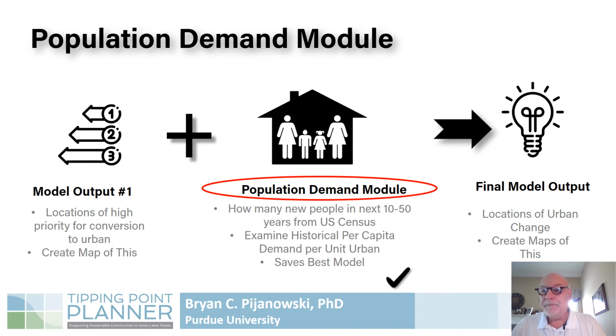And we use that demand model to be able to forecast forward. The final output of the model is a bunch of maps of time steps into the future, of future urban change on top of the existing land use map.